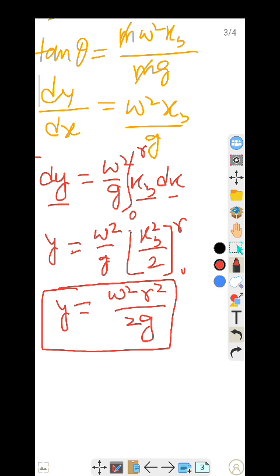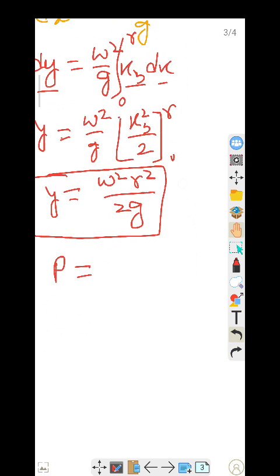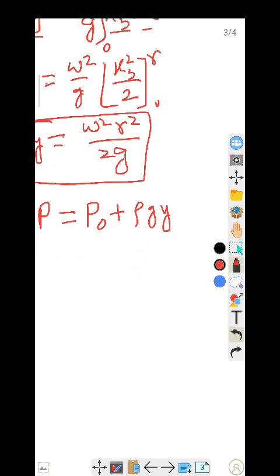For pressure at any point P, which is at distance r from the axis, pressure P will be simply P naught plus rho g y, and if it is at any depth from the bottom of the cone, we keep an additional term plus rho gh.